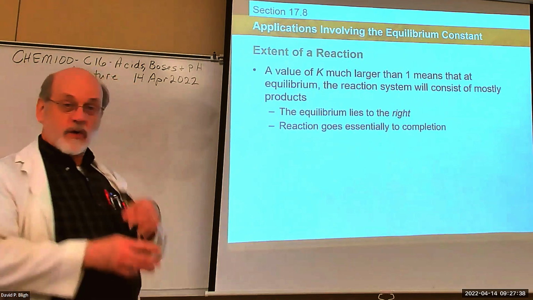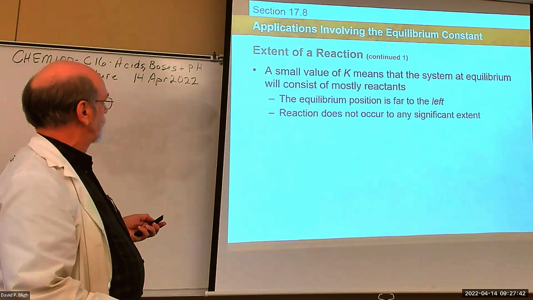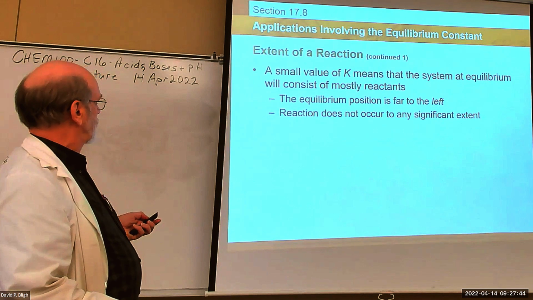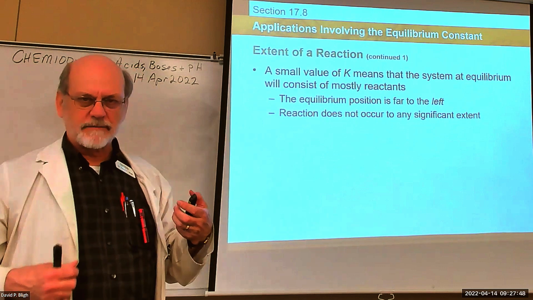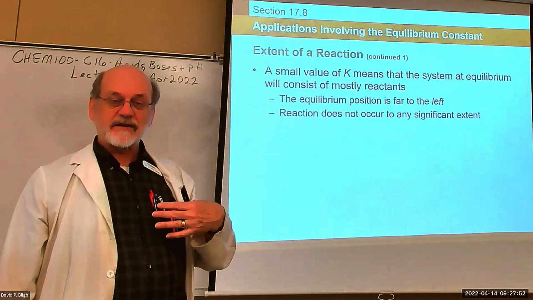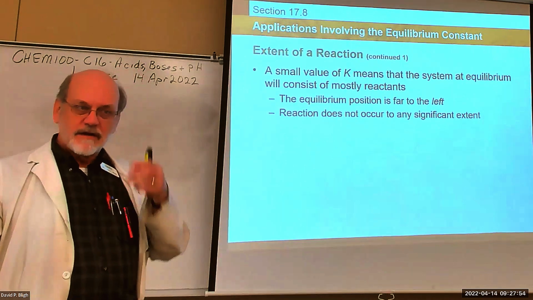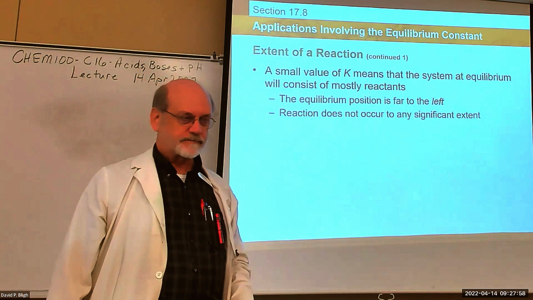And if we look at it the other way, if the value is very small, much less than 1, then it's the other way around. It favors reactants, and the reaction as written does not proceed extensively toward products.